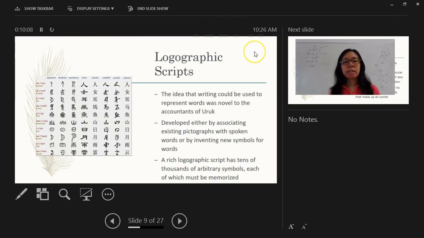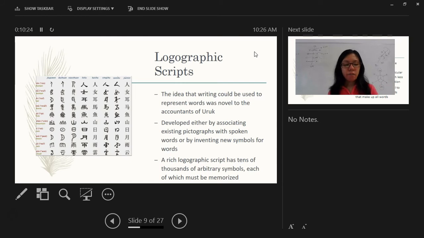So after that, they developed the logographic scripts. The idea that writing could be used to represent words was novel to the accountants of Uruk, because at that time they lived in a world which used pictures to symbolize anything.